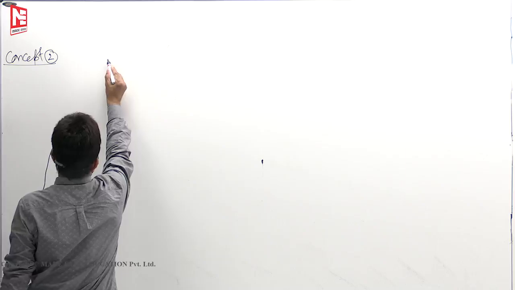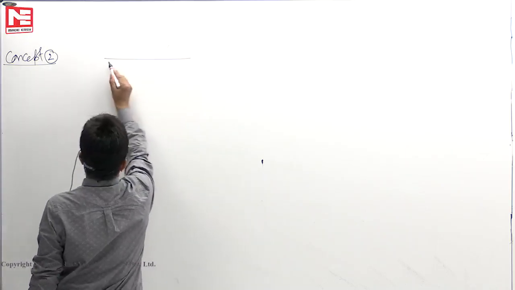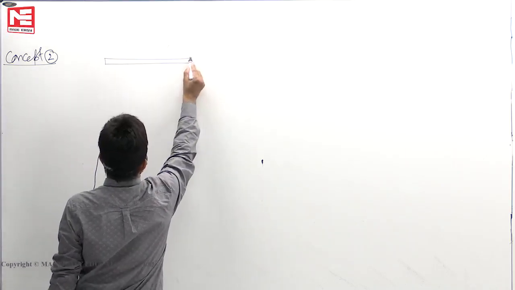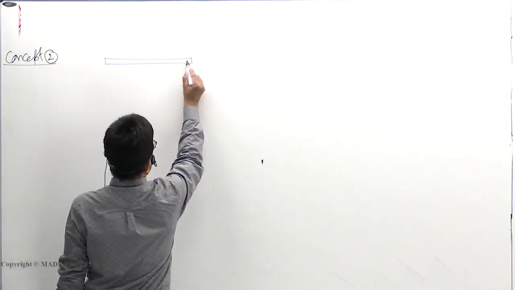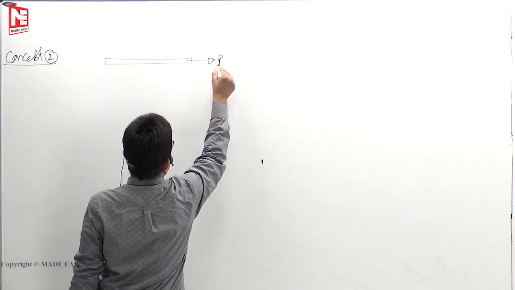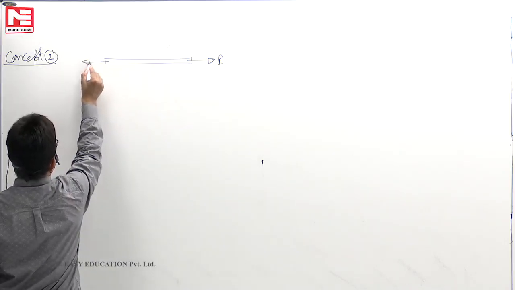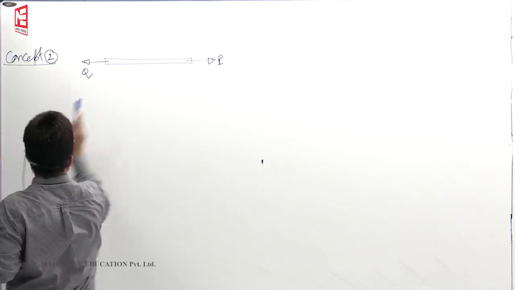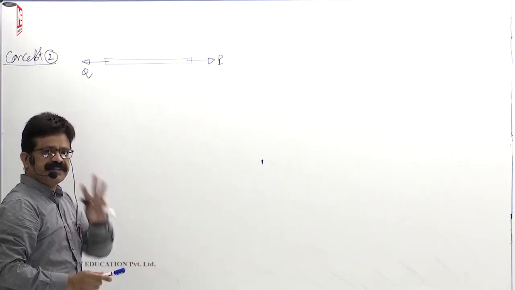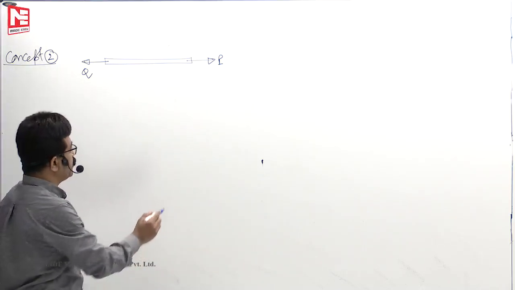This is what we have studied in engineering mechanics. Assume that we have a bar or any other structure subjected to two forces. This is P, this is Q. Now, for these two forces to be in equilibrium, three conditions have to be satisfied.